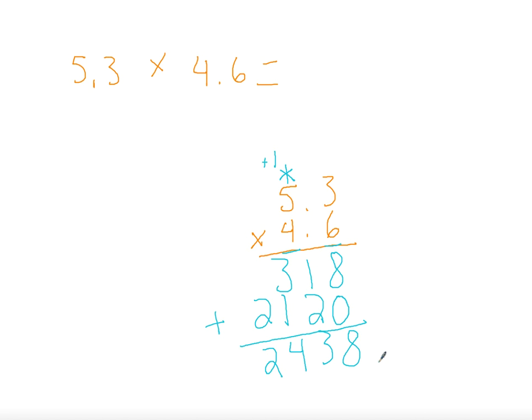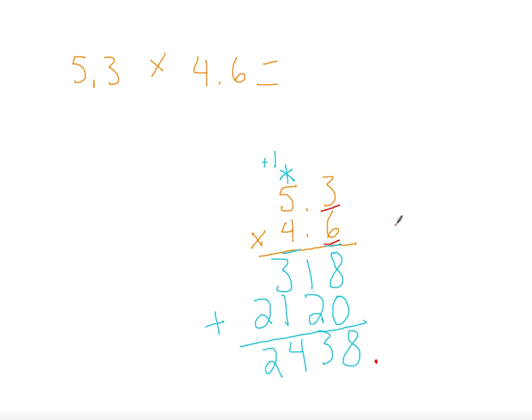But right now, normally my decimal point would be right here. But we got to count how many decimals we have in our two multiples. In this multiple we have 1 decimal, and in this one we also have 1.